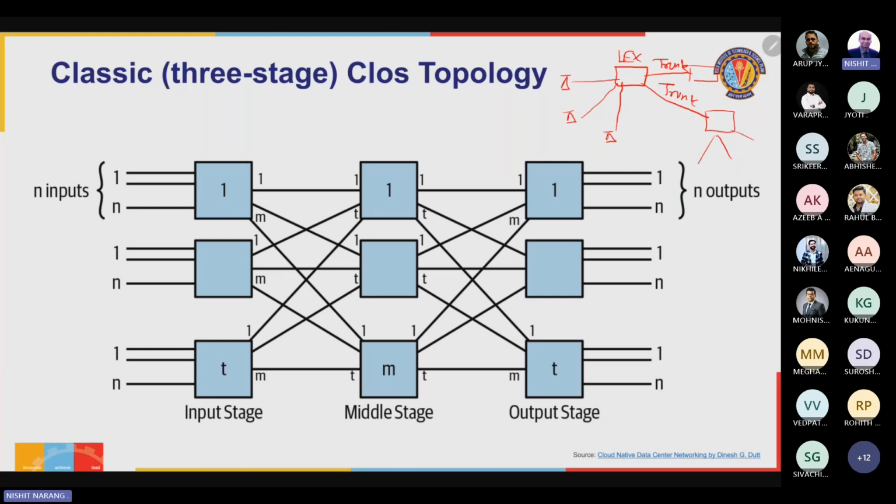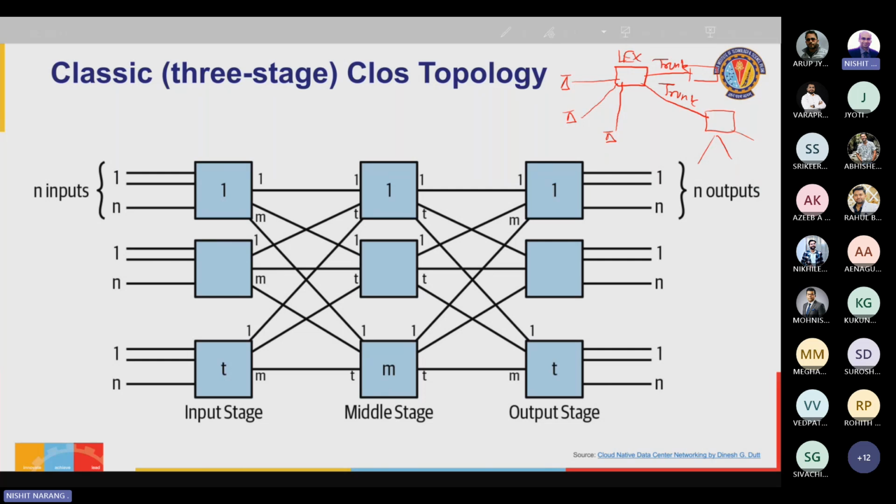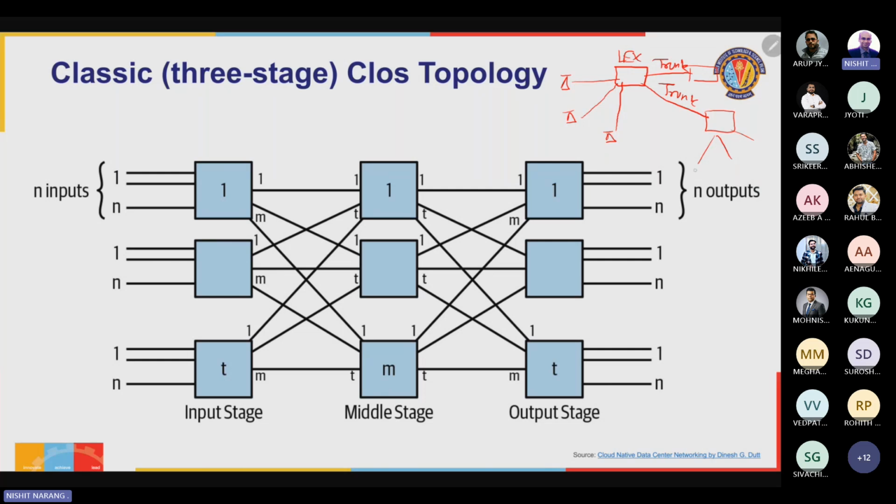That's how the circuit switch network architecture at an abstract level looks like. Now, the intent of the classic Clos topology was to create a circuit switch network where any telephone in any part of the network could always create a dedicated circuit, or get resources to a destination telephone all the time.